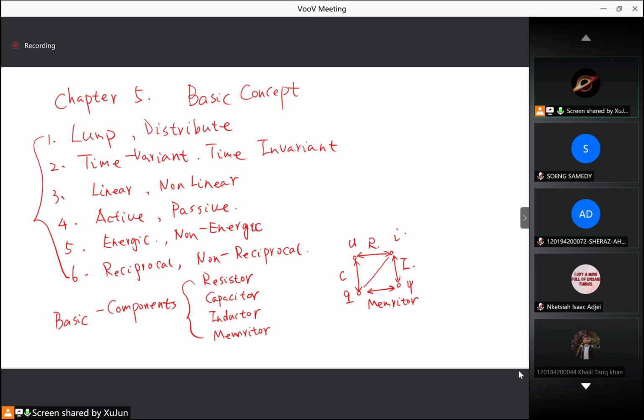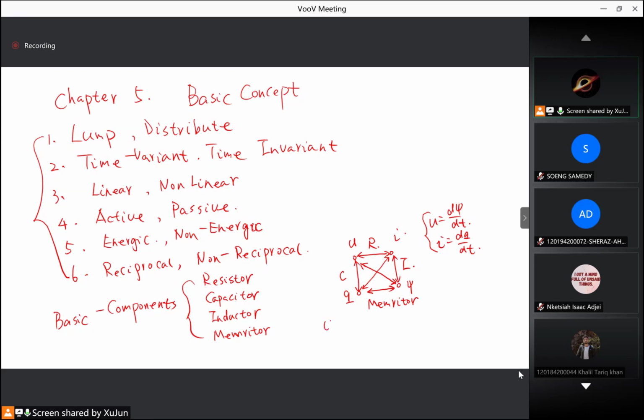The q and i relation is the definition of the current. The psi and u relation is Faraday's law, because u is d psi dt, and i is dq dt. So these two relations will not form components. All other relations will form components. So we have a total of 4 kinds of basic components.